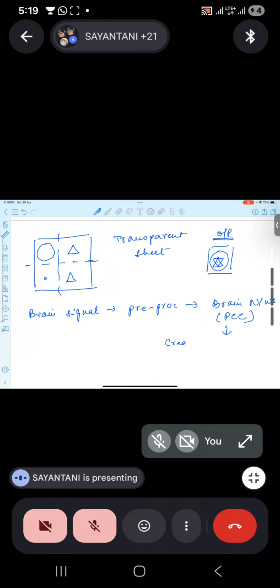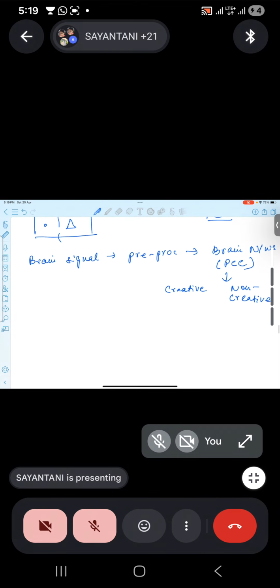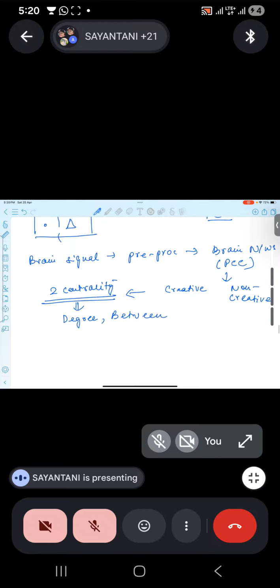So there were two classes, creative and non-creative. We had derived two centrality features, which we have already studied. One is your degree centrality. Another one is your betweenness centrality.